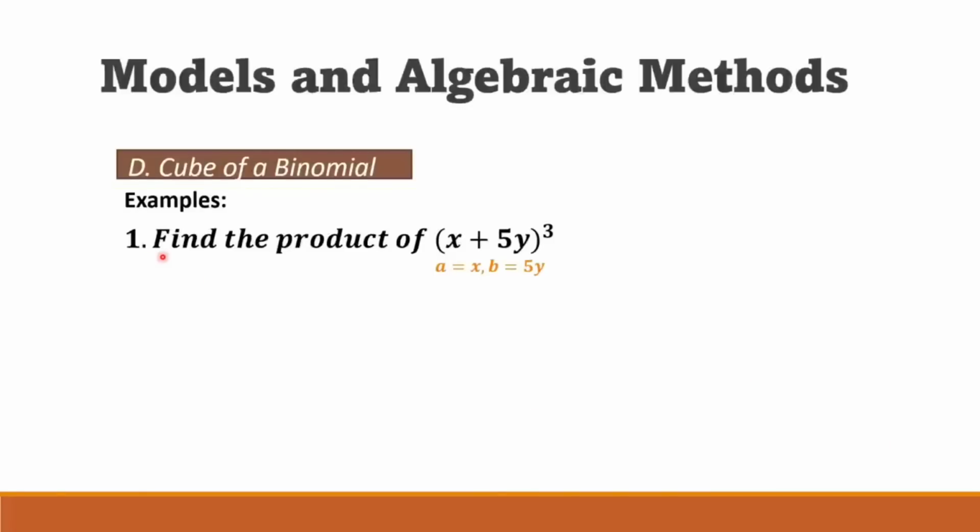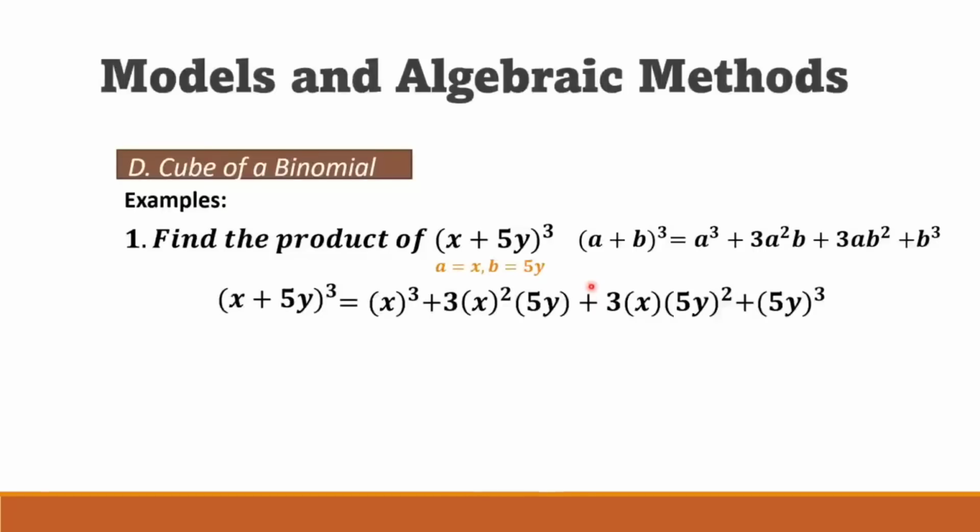For example number 1, we have to find the product of the quantity x plus 5y, cubed. Here is the model that we will use, and we identify the first and second terms. Our first term is x, the second term is 5y.